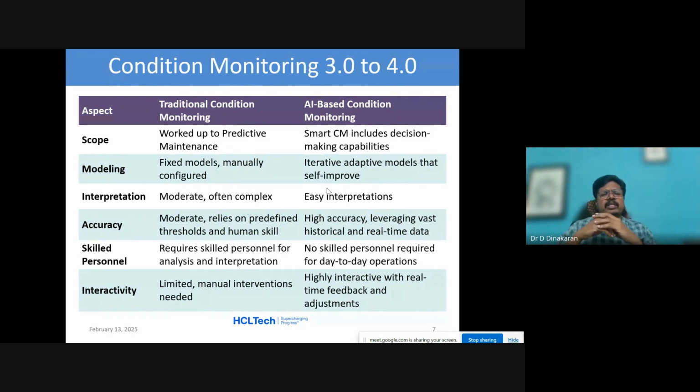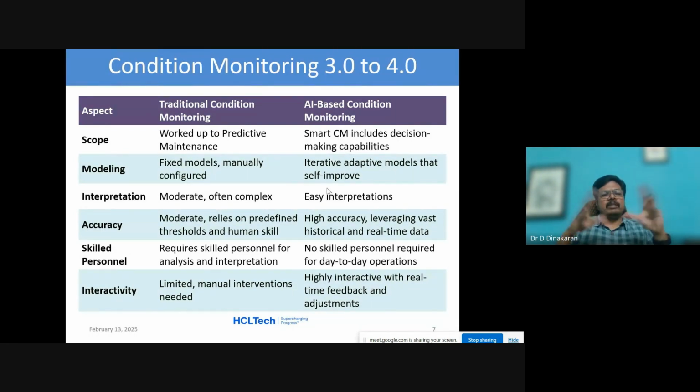Accuracy of the model: based on the expertise and skill of the person, the decisions may vary. But when you train the AI, it will produce very high accuracy, and it will acquire a large amount of historical data and real-time data, compare and take the decisions, which will produce higher accuracy for us.